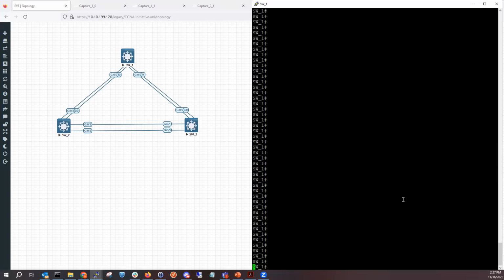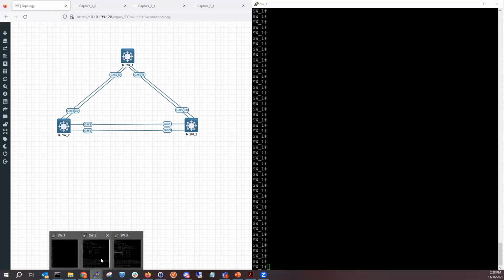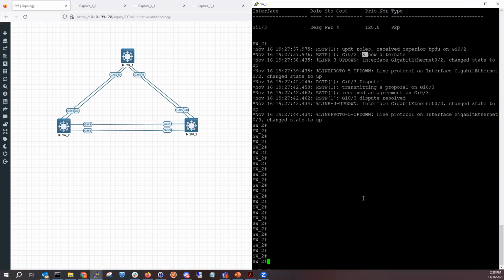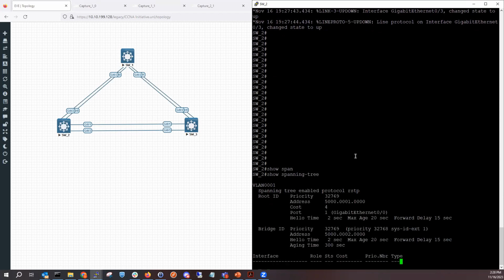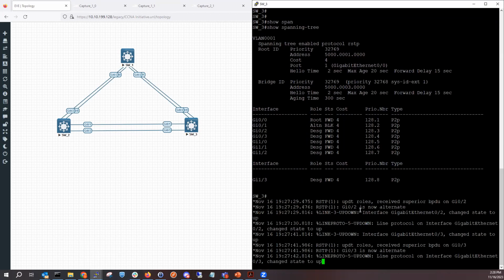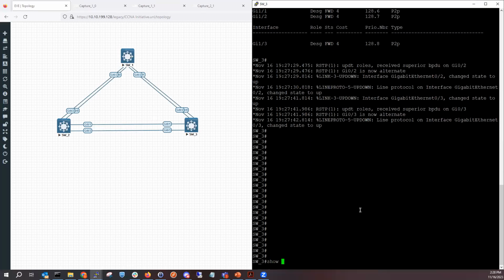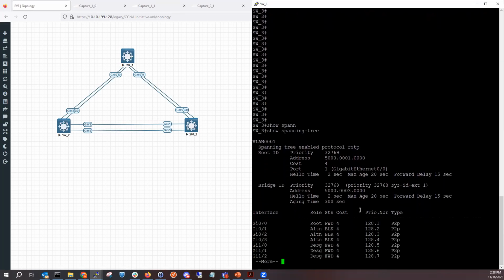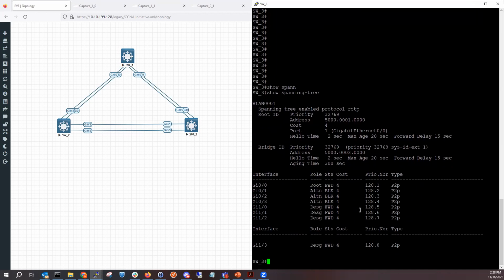We're going to check our spanning tree entries in a bit. So we have switch one. Let's go to switch two. We see a few things, and we're going to come back. I haven't forgotten, we're going to come back to these debug logs. All right, let's take a look at that.